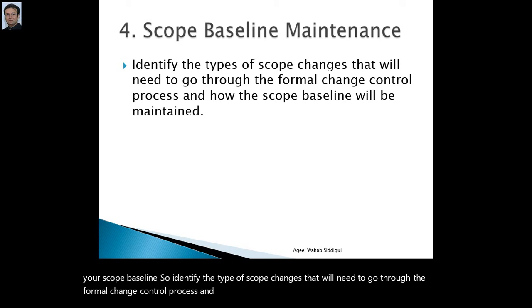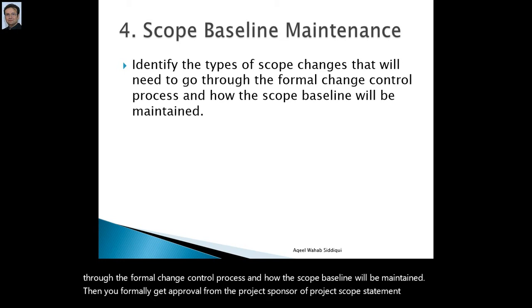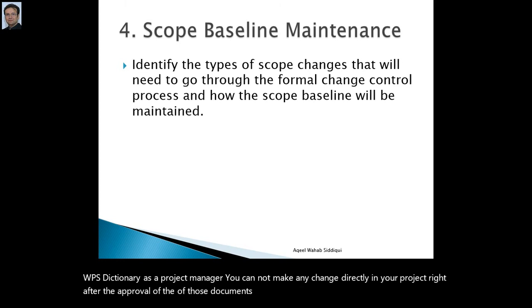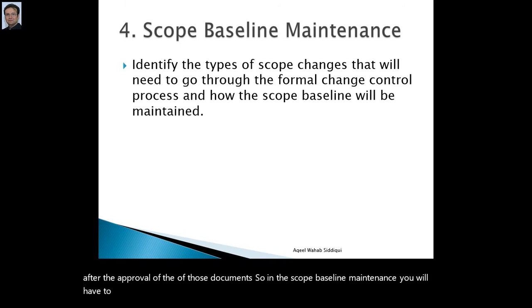When you formally get approval from the project sponsor of the project scope statement, WBS, and WBS dictionary, as a project manager you cannot make any change directly in your project right after the approval of those documents. So in scope baseline maintenance you will have to specify how you are going to make changes in the executing process group of the project.